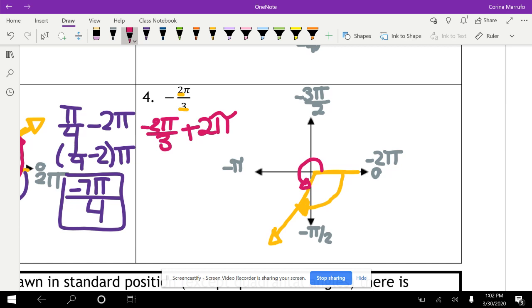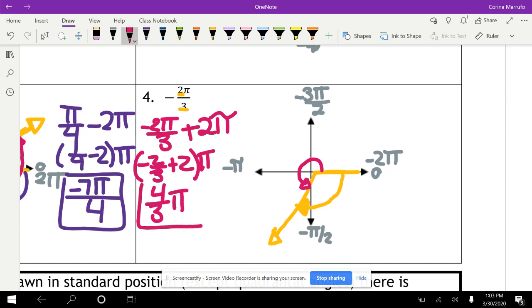So here, the negative 2/3 pi plus 2 pi, we're going to put negative 2/3 plus 2 in our calculators. And then that's going to tell us how many pi's we have. So I'm going to plug that in real quick. Negative 2 over 3 plus 2. Change that to a fraction, and that gives us 4/3 pi.